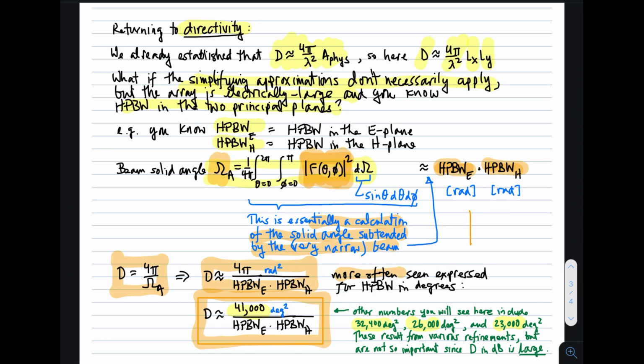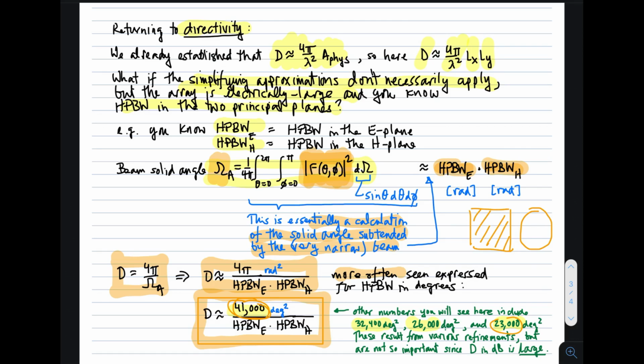For example, the expression I came up with that yielded 41,000 simply assumes that the beam looks like this. But in fact, the beam is probably elliptical. And so if you do that conversion, 41,000 becomes a smaller number. Various other refinements will give you successively smaller and smaller numbers. So, in fact, it's somewhere between 23,000 and 41,000. That's a difference of roughly 3 dB.